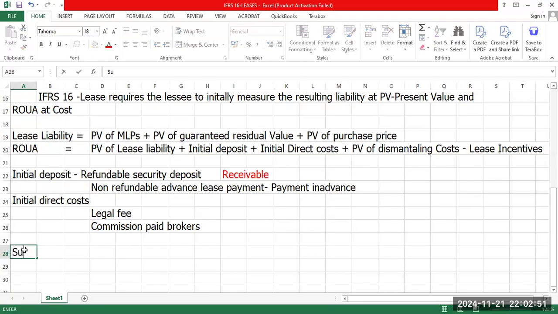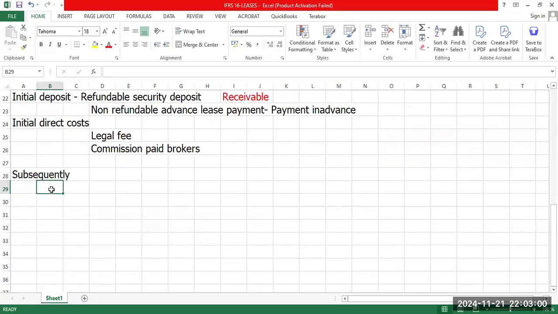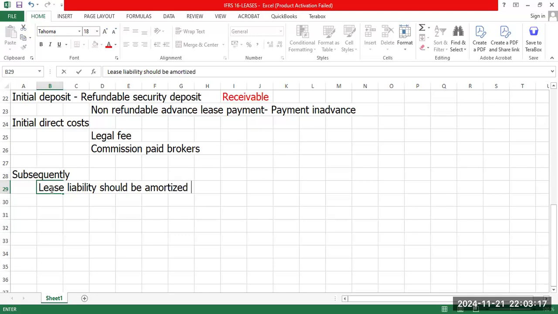Then subsequently, what do we do? Subsequently, the lease liability should be amortized over the lease period.